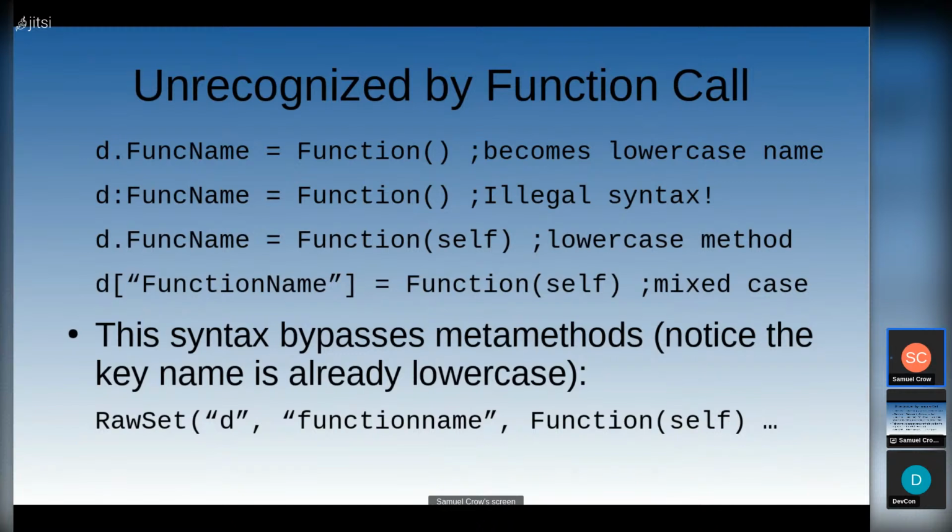The fourth one could work if the string in square braces were lowercase. Finally, raw set is the most reliable way since it bypasses meta methods. This only works because it's already lowercase, though. Same here. I ran into that one in the object-oriented programming example that I'm going to show later on.